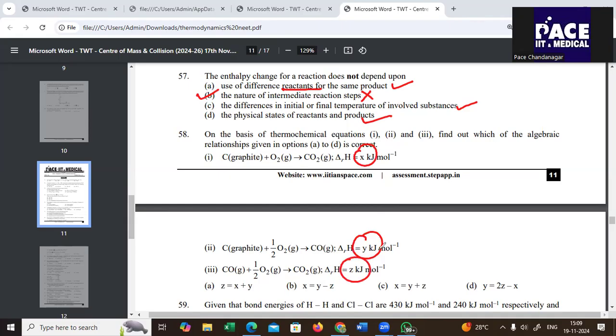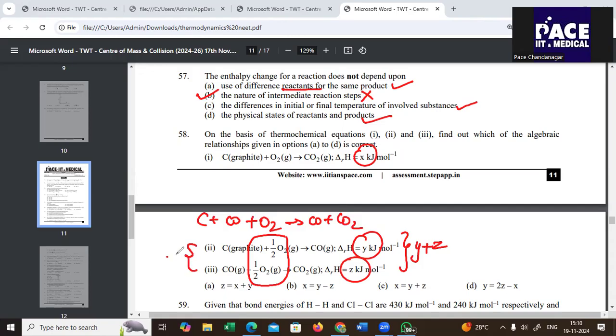If you can see here, if you add two equations, you will get the third one. If I say Y plus Z, if I add, what am I going to get? When I add these two, definitely it is half O2 plus half O2, which is 1 O2, plus carbon monoxide, which will give you carbon monoxide plus carbon dioxide.